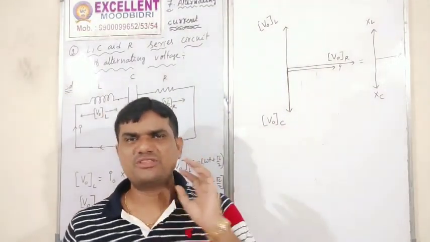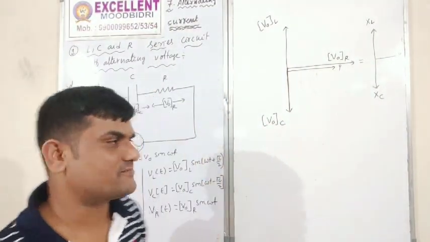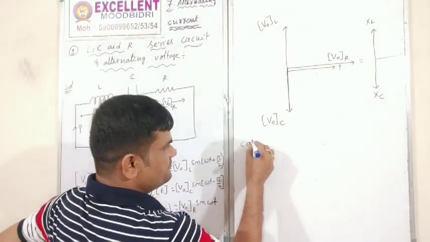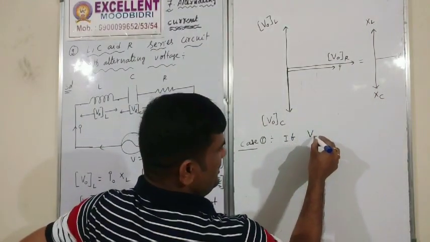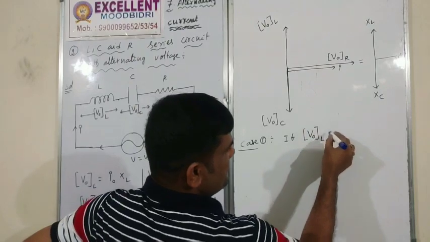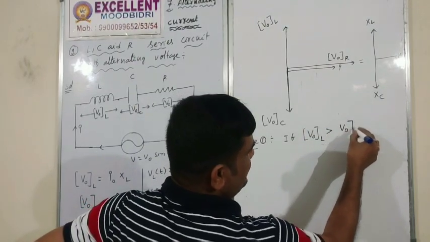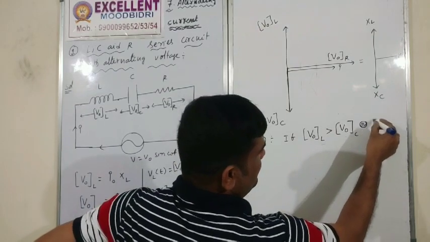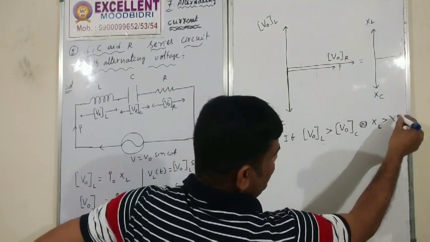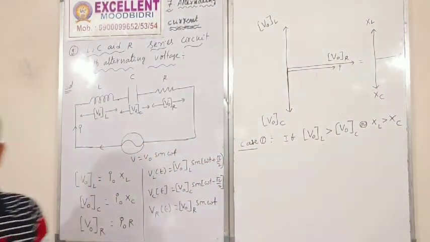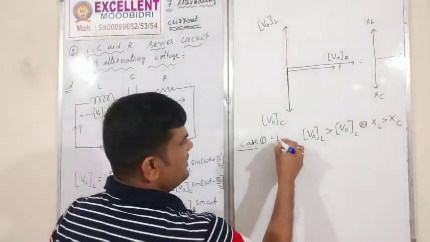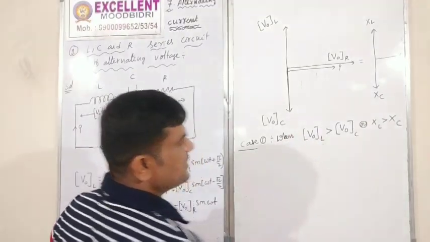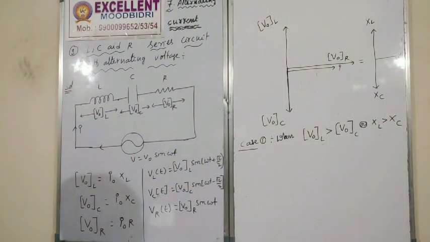Now for this question, we have 3 cases. Case 1: if V naught L is greater than V naught C, or XL is greater than XC.